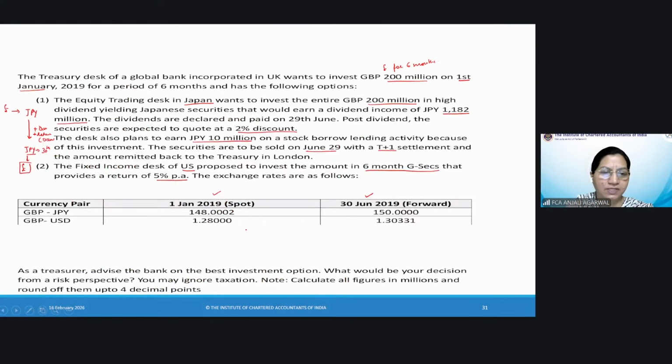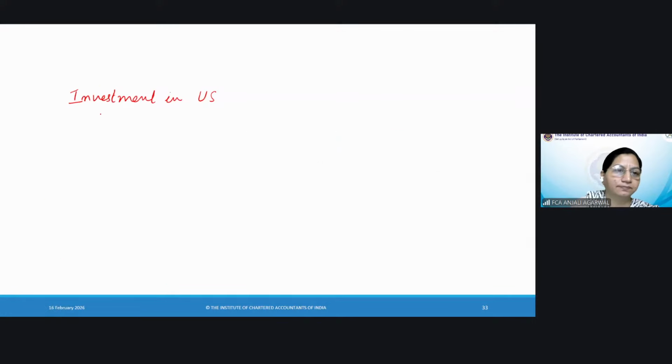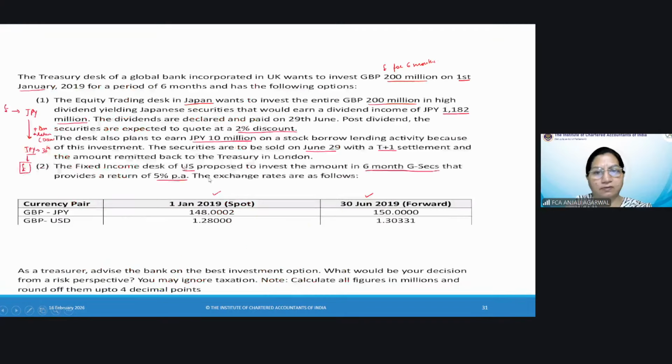Convert the pound into USD at 1.28. 200 into 1.28. So it is 256 US dollars. Interest at the rate of 5% per annum.